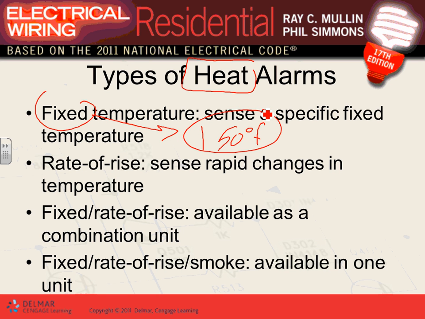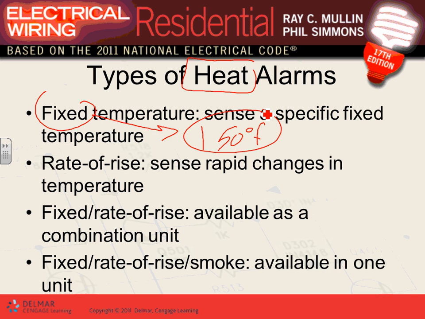Where would they put things like this, guys? In an area where there are flammable materials, where a flash fire can happen and smoke doesn't stay for a long time before the fire. They put a heat detector there, so when the heat comes so high, it picks up the heat and alarms on heat.